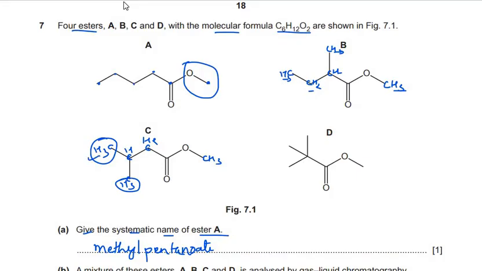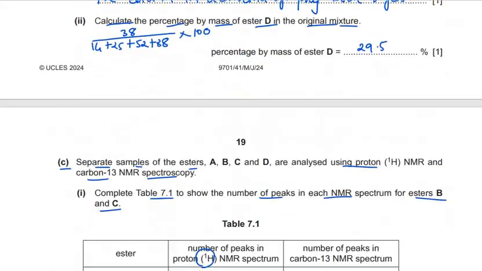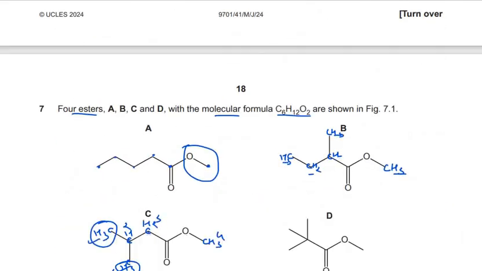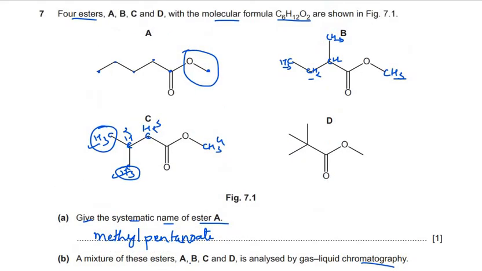It's 1 here, 1, 2, 3 and 4. So B will have 5 peaks of proton NMR, and C will have 4. Let's write that first before we go ahead with the C13 NMR. It's 5 and 4. Now let's check the carbon 13 NMR, that is how many types of carbon are present in B and C.